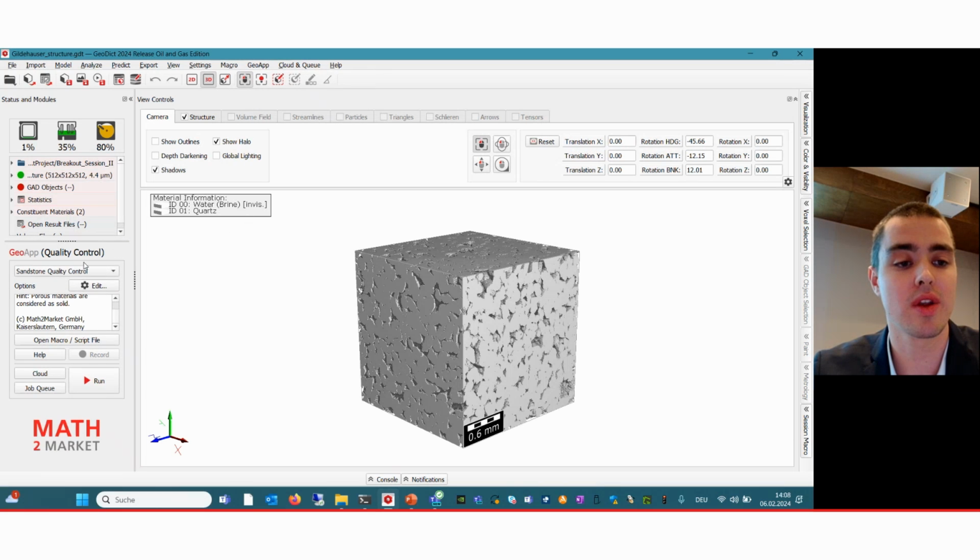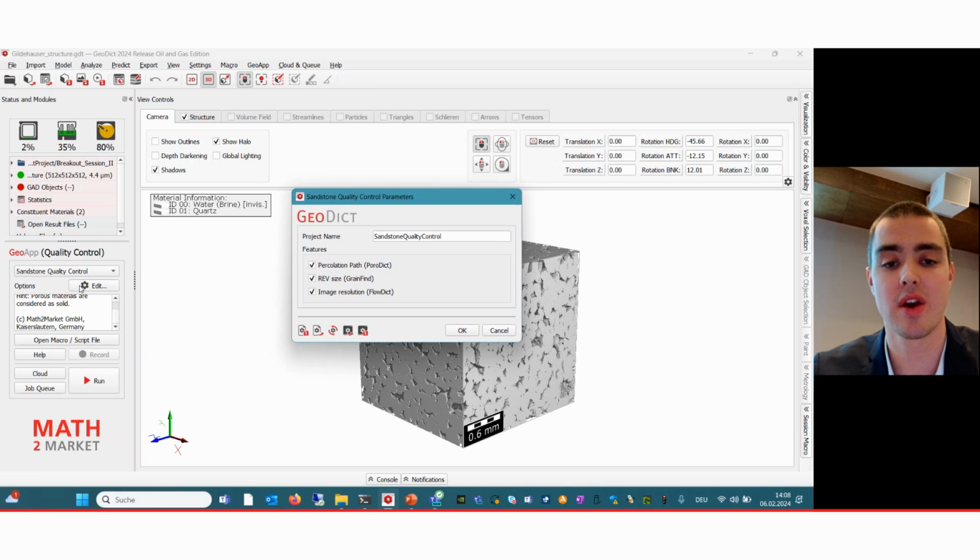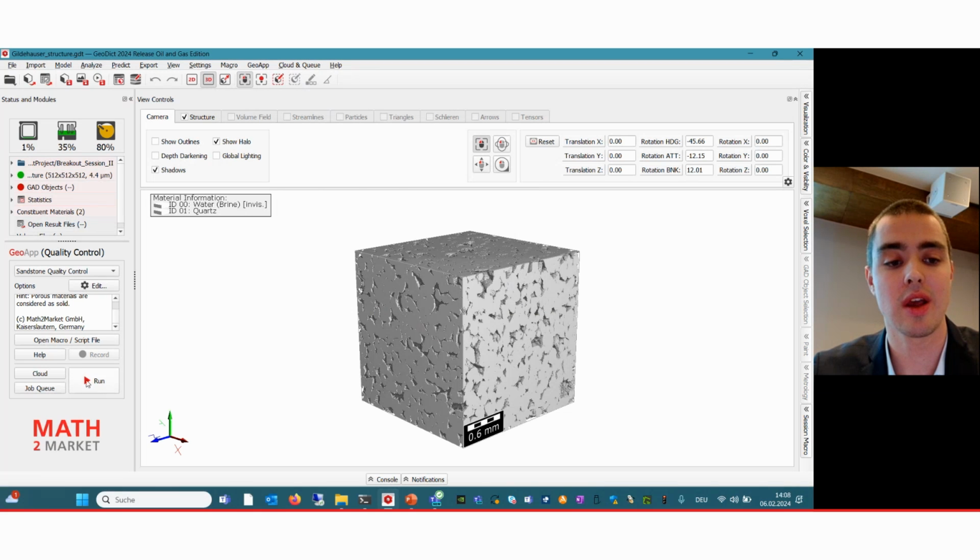And once you click on the quality control, there is this GeoApp opened here, and we can quickly check what are the functionalities that are being computed to come up with the sample size quality control and the voxel throat resolution quality control. By simply clicking on run, we would then compute the results.